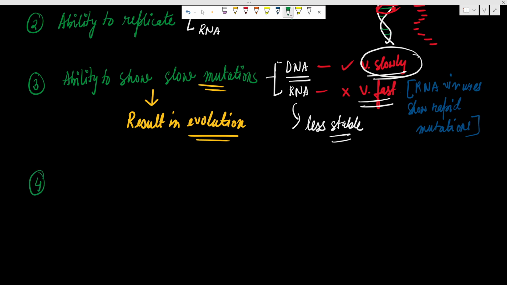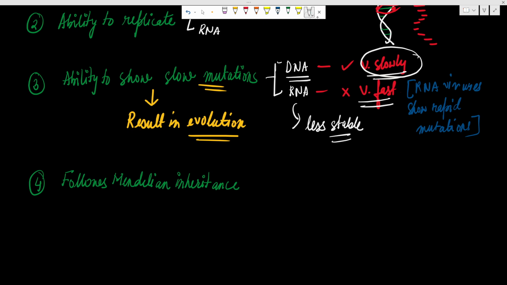And children, the last point or the last criteria a molecule should satisfy is that it follows Mendelian inheritance. Okay, sorry, follows Mendelian inheritance.